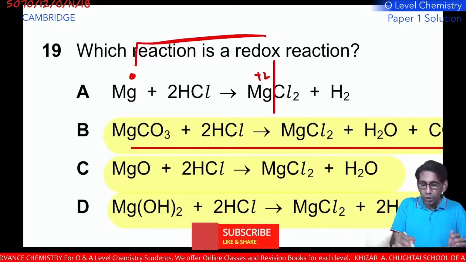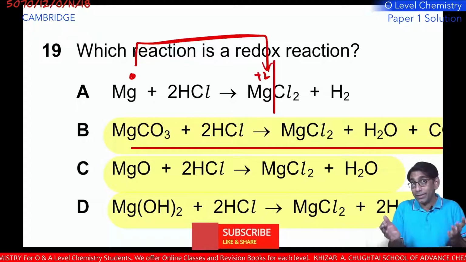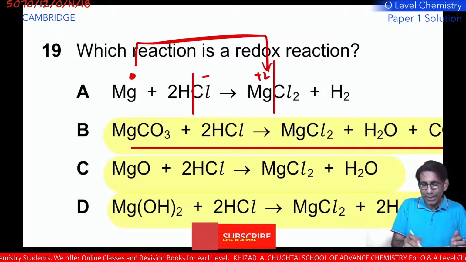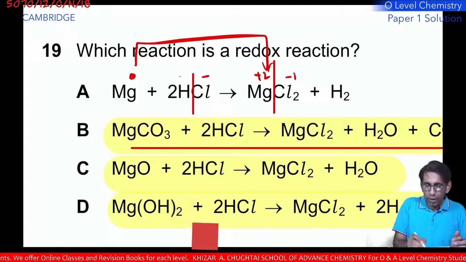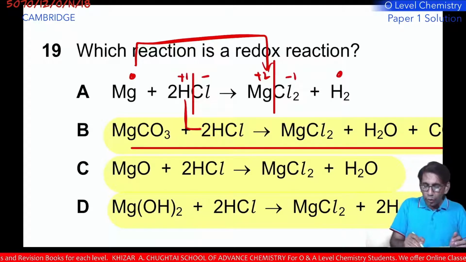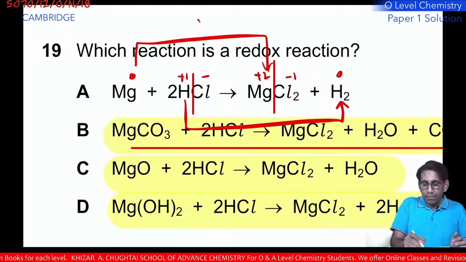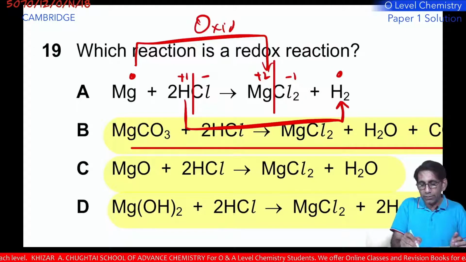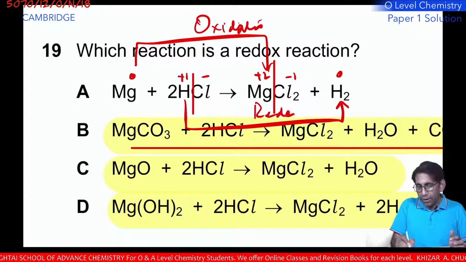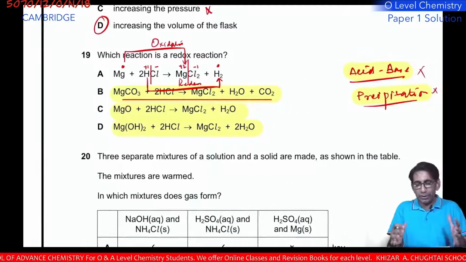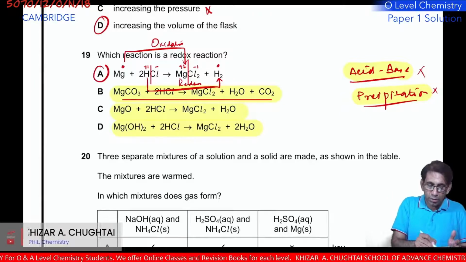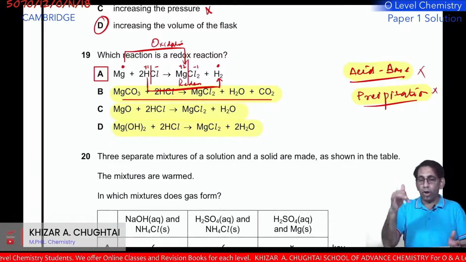So magnesium is oxidized, meaning this is a redox reaction. And what about the Cl? Here is -1, here is -1. Hydrogen is positive, here hydrogen is 0. So hydrogen is reduced and magnesium is oxidized. This equation shows both processes, oxidation and reduction, so it is confirmed to be a redox reaction.